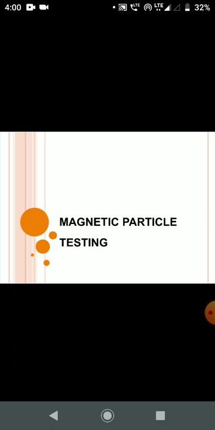The magnetic particle non-destructive testing method is a technique utilized to detect both production discontinuities and in-service damages.